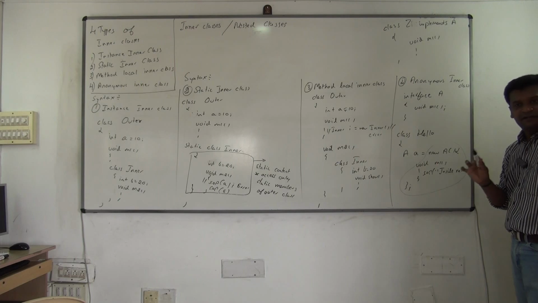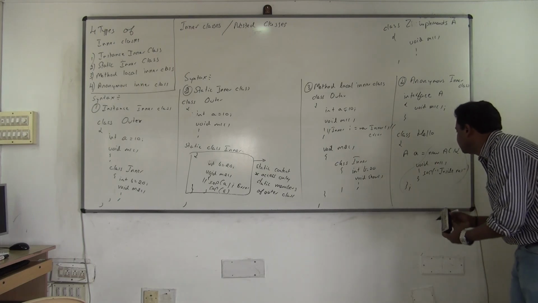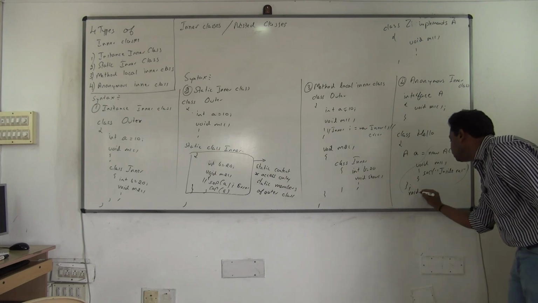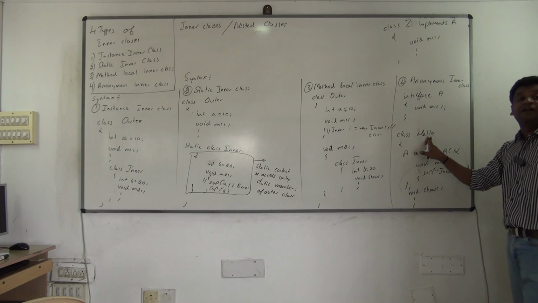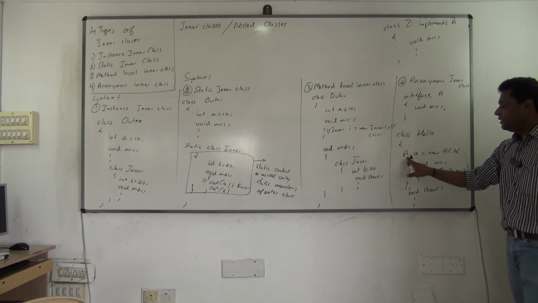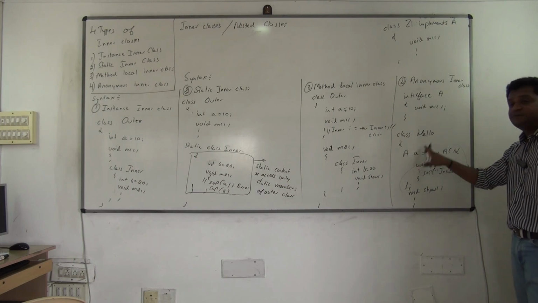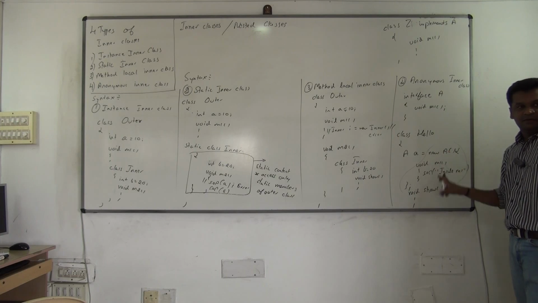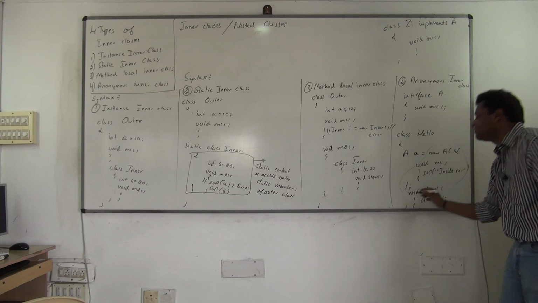After this implementation, I'll have one method, void show. Don't get confused: what are the members of the Hello class? Two members: the A variable and the show method. The A variable has been initialized here itself, and show is the extra method. The show method can use A dot M1, the implementation.